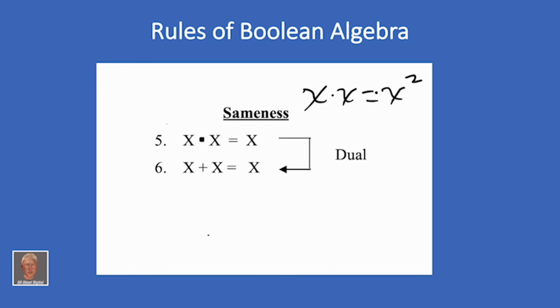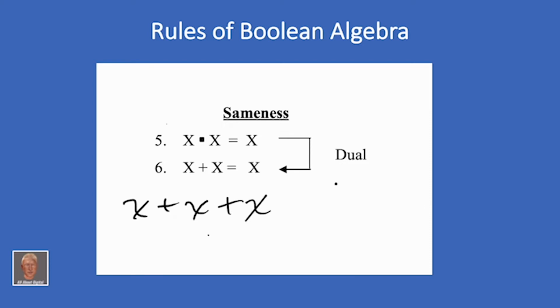In fact, you can expand this out and say that x plus x plus x plus dot dot dot x is equal to x. This whole thing would reduce down to a single x. That's very powerful. The criteria is that this has to be exactly the same, the same variable or combination of variables.